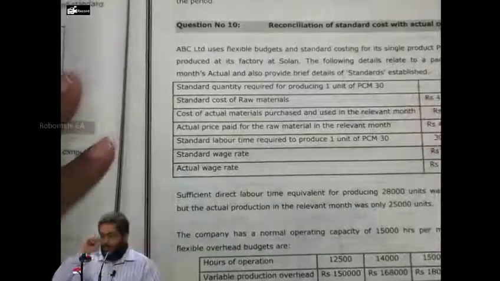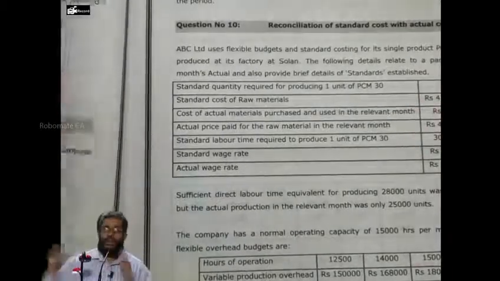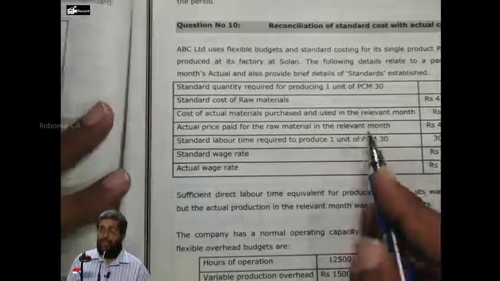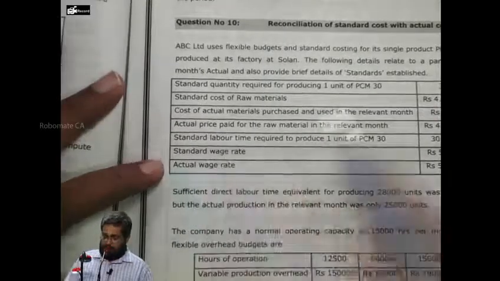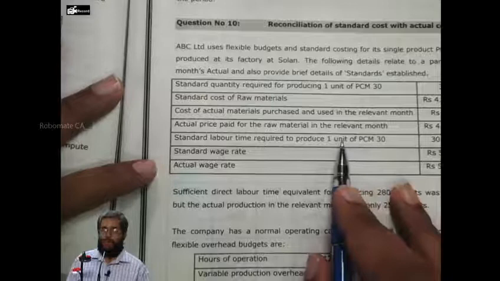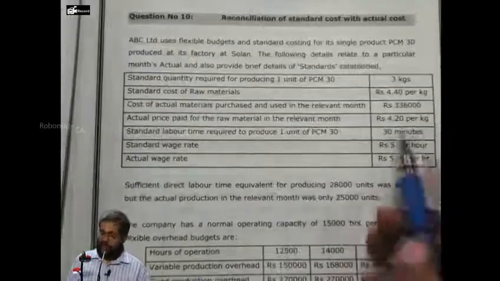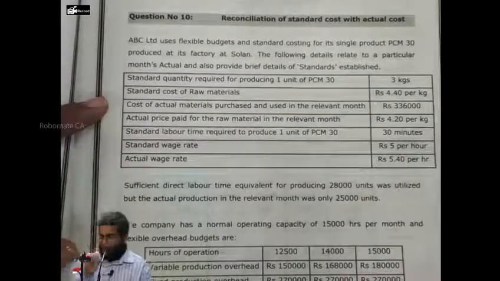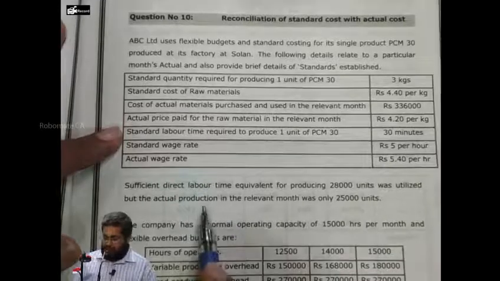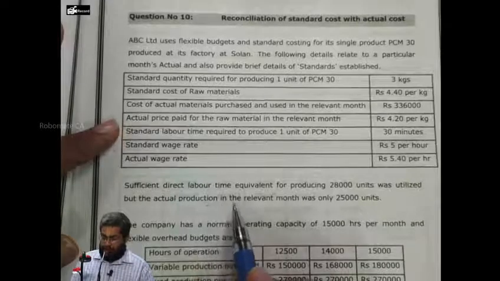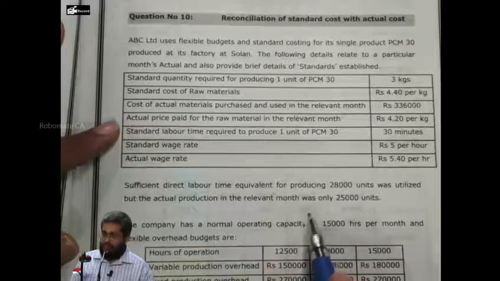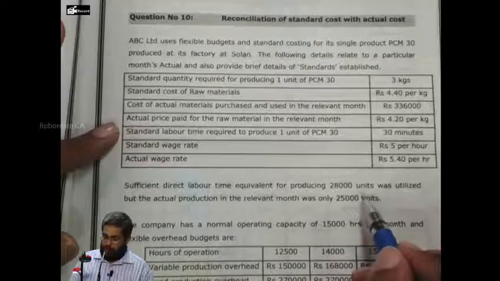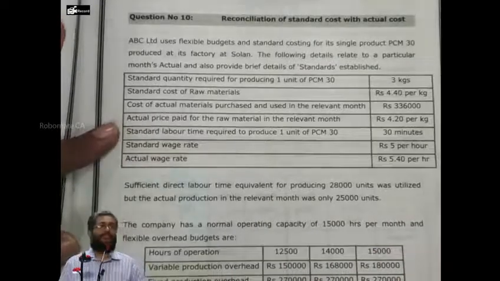Standard input output ratio is 1 unit per half an hour. Yes or no? The budget says to produce 1 unit, we are allowed to take how many hours? Half an hour, 30 minutes. Sufficient direct labor time equivalent for producing 28,000 units was utilized.